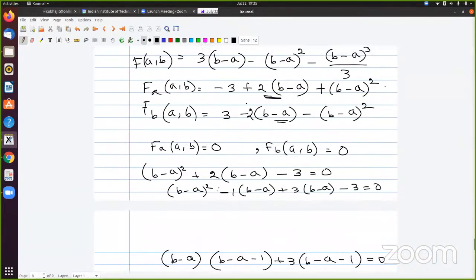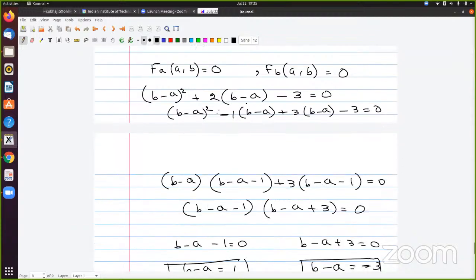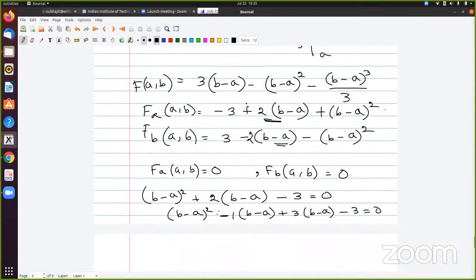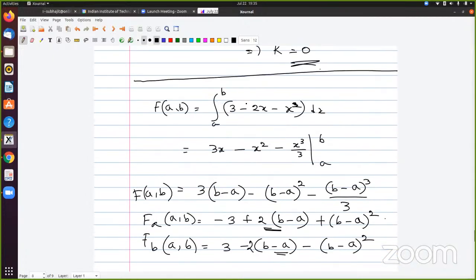Sir, can I ask one basic doubt? Yeah, go ahead. How did we replace x with b minus a? So it is integration, right? Oh, sorry.